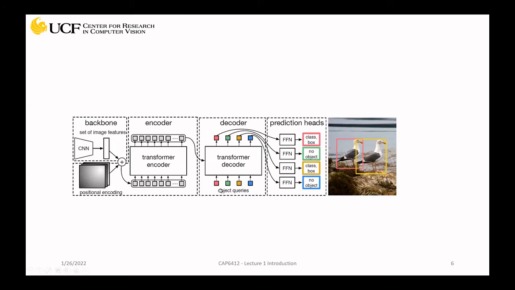Then they go through the decoder, and the input to the decoder is also from the encoder. Then the output is 100, and each one is potentially an object. Then we get this, and we have a fully connected layer, and it gives you what class of object it is and what the bounding box is.